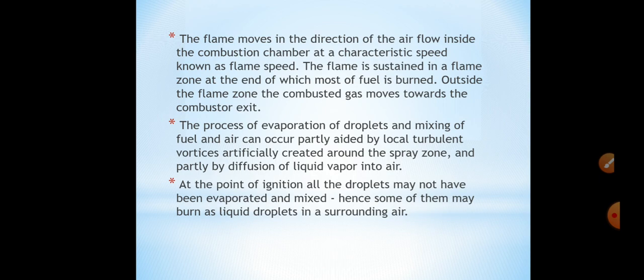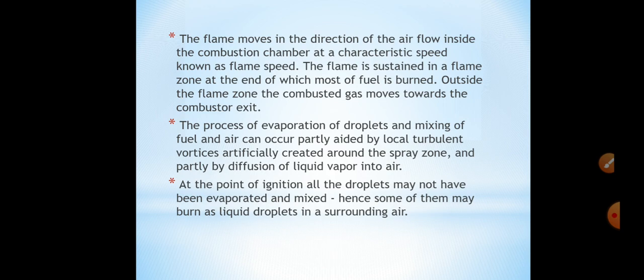The flame moves in the direction of air flow inside the combustion chamber at characteristic speeds known as flame speeds. The flame is sustained in the flame zone, at the end of which most of the fuel is burned. Outside the flame zone, the combusted gas moves towards the combustor exit.